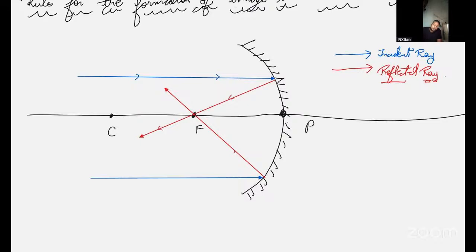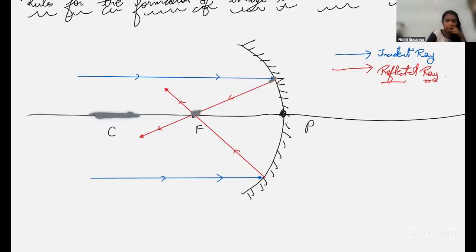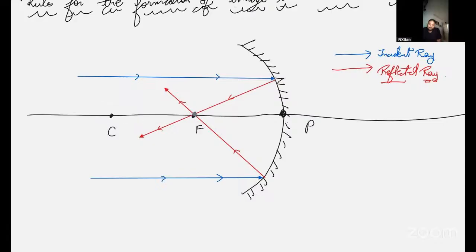Can you see this blue line? This blue line is parallel to this principal axis. If it is like that, then after reflection, it will go through the focus. Yeah, this is the first one.